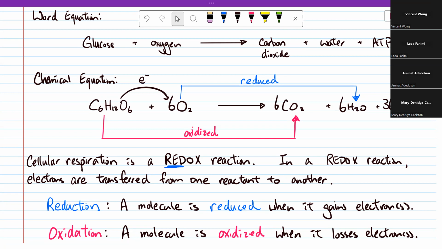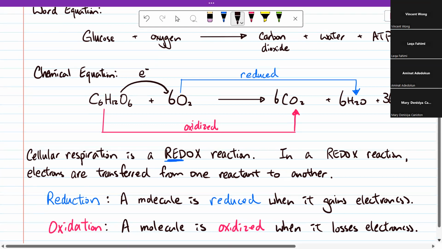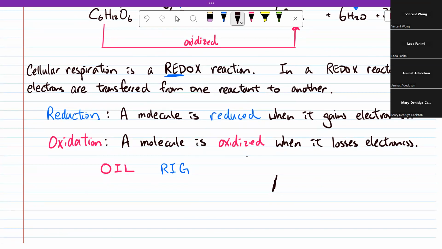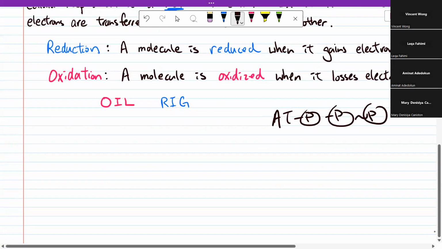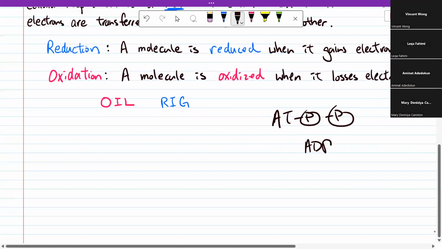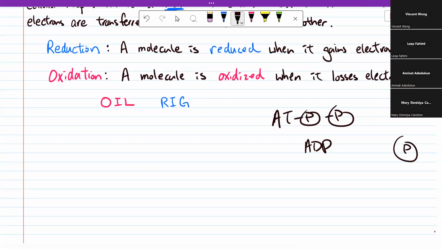Remember last class, and you don't have to copy this if you don't want to, you already have this in your slides. We had the A, and then P, P, P. And I said the last bond is really strong, right? So when you take it off, it becomes ADP. In order to recharge this molecule, to put that P back on, I need a source of energy.